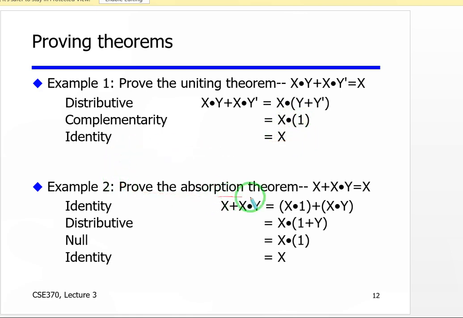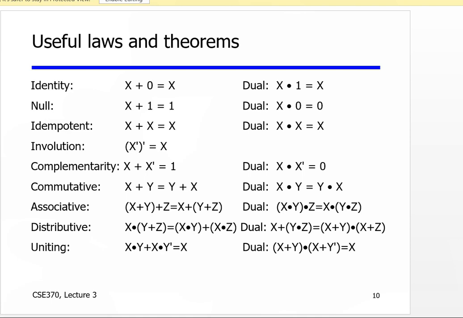Example 2: prove the absorption theorem x plus x dot y is equal to x. Again the same approach. We can write x as x dot 1, and x dot y with it. What is common between the two? x, then 1 plus y, and 1 plus y with identity is 1. So the result is x. So just memorize this.